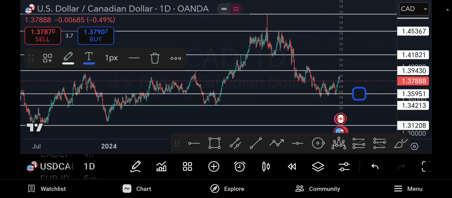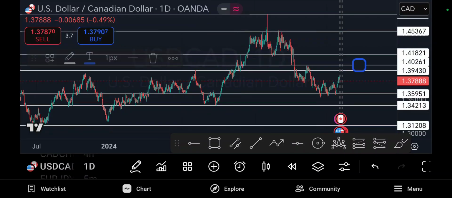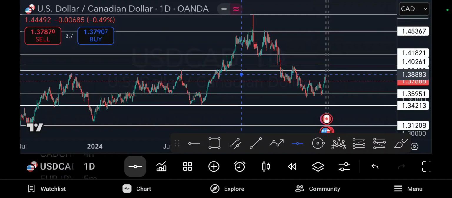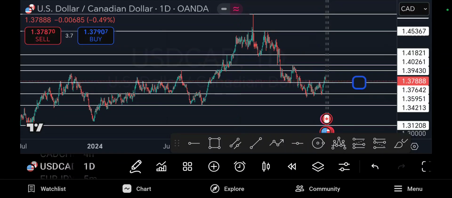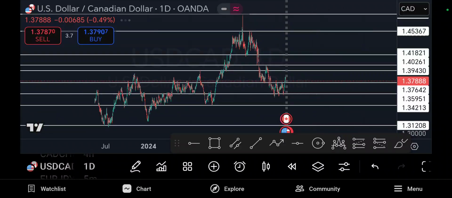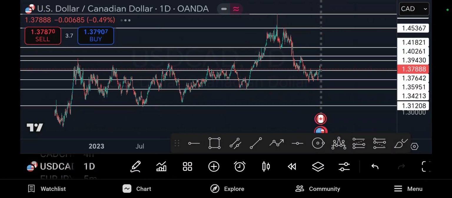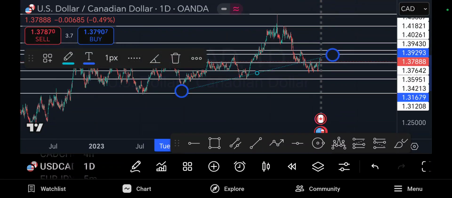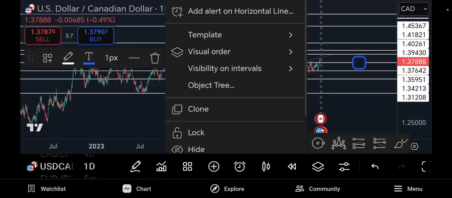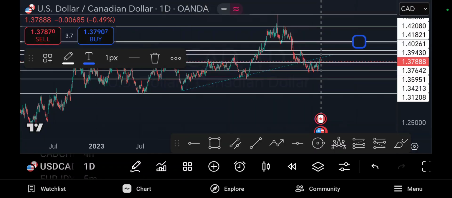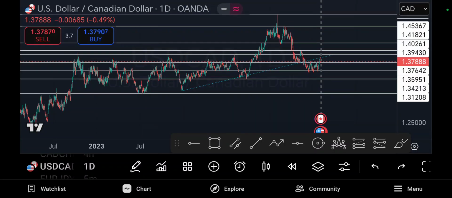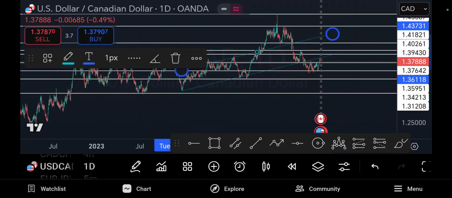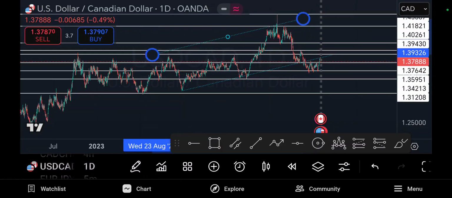There you go. This is USD CAD. See, clean. We are done. From this, I can see there's a channel that it broke out of.